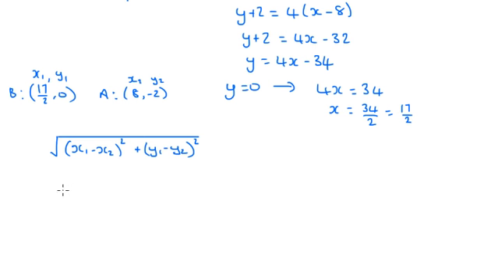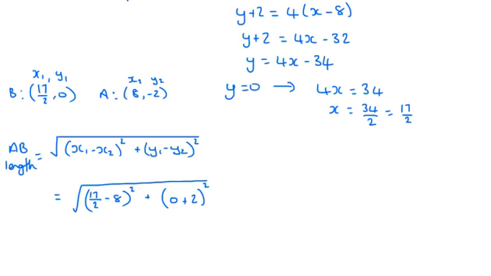So plugging it in, this is for the length of A to B. We're going to get 17 over 2 minus 8 squared plus 0 minus 2, so that's going to be 0 plus 2 squared, square rooted.